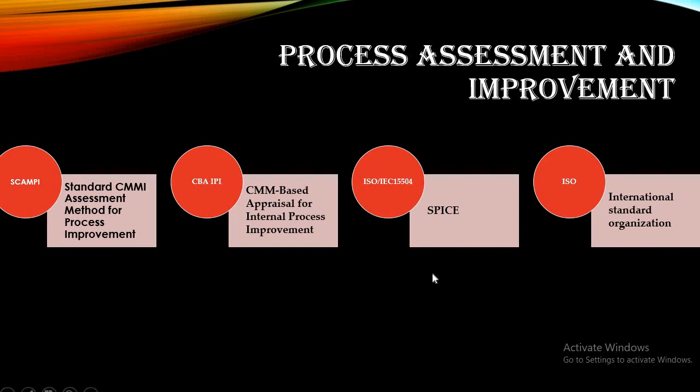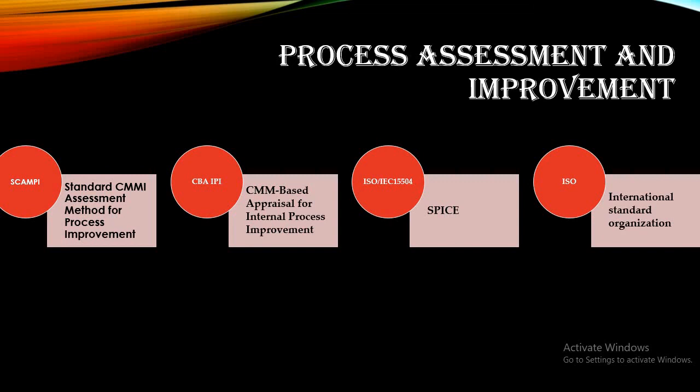Let me tell you about the standard CMMI assessment method for process improvement first. This provides a 5-step process assessment model that incorporates 5 phases: initiating, diagnosing, establishing, acting, and then learning.